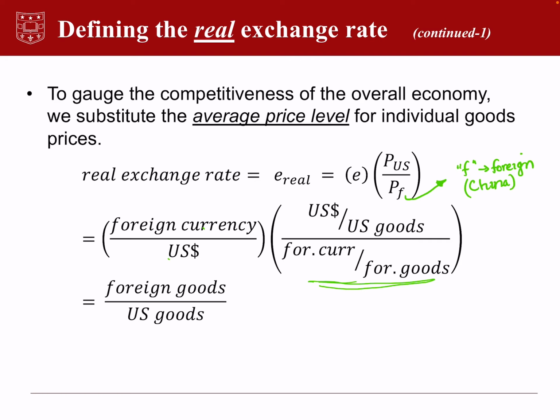And so again, we have the same observation: the dollars are going to cross out, the units of the foreign currency are going to cross out, and what we're left with is that the real exchange rate is measuring for us the rate at which we can trade one country's goods and services for another country's goods and services.